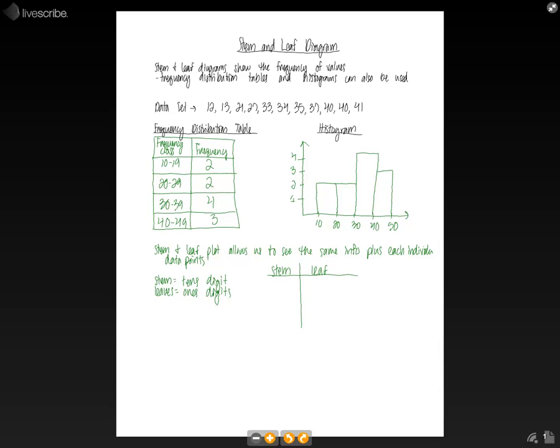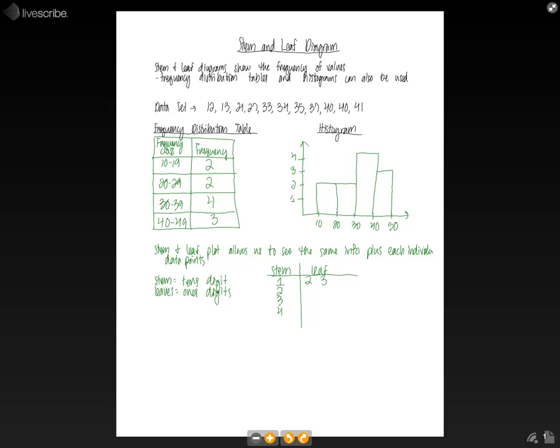Our stem will be 1, 2, 3, 4, because those are the tens digits on all of our numbers. For the leaves, we know we have a 12 and a 13, so we'll put a 2 and then leave a little room, and a 3. So we can see we have a 12 and a 13.